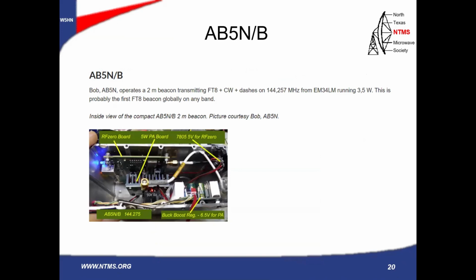I want to talk about some of the implementations. This one's up in EchoMic 34, a 2-meter beacon. It transmits FT8 plus CW plus dashes on 144.257, and runs 3.5 watts. Their claim was that it's probably the first FT8 beacon ever.